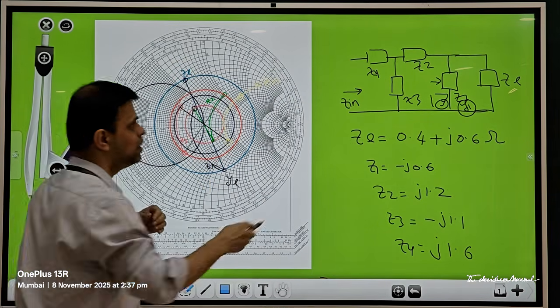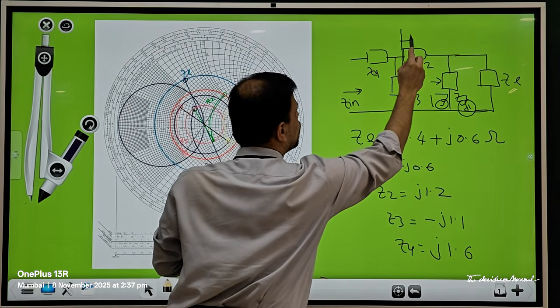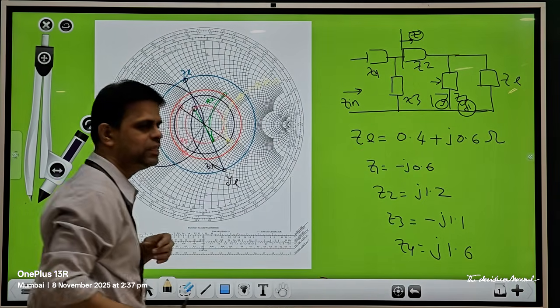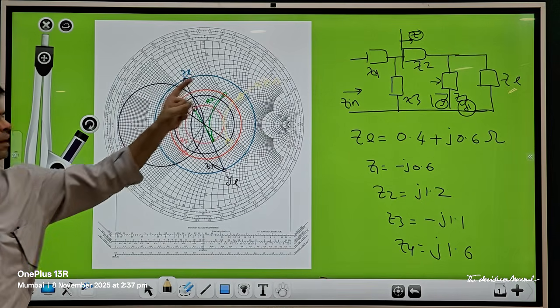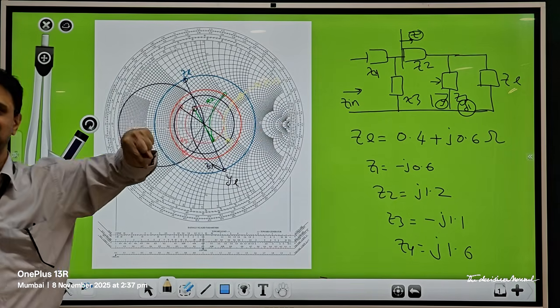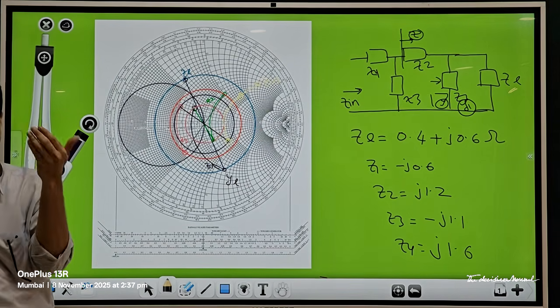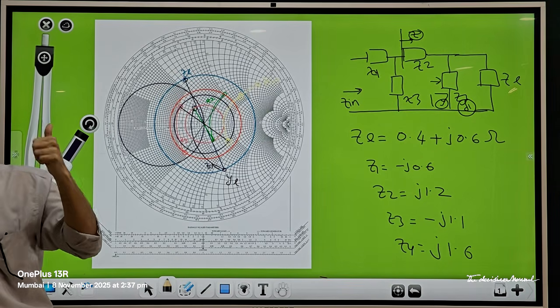Okay, now where are we? We are at this point and we know Z. What is the next element to be added? Element Z3 in parallel. Naturally, I will now be adding Y3, which I will calculate as 1 by Z3.